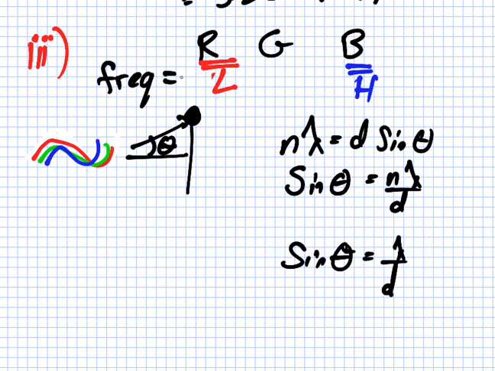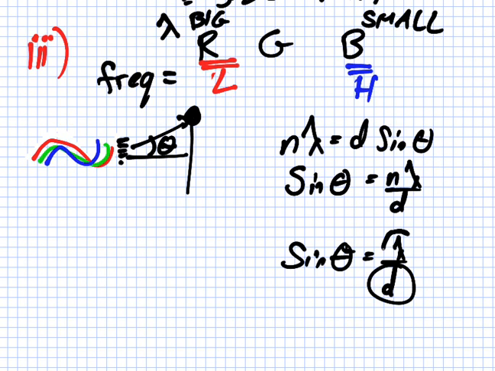Now, for wavelength, which one has the biggest wavelength? Red has the biggest wavelength, and blue has the smaller wavelength. Here d is the distance between the gaps, so we can't really change that.